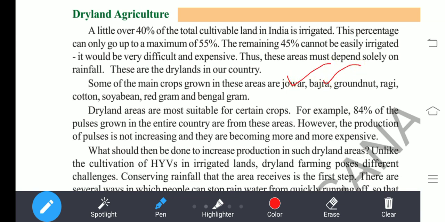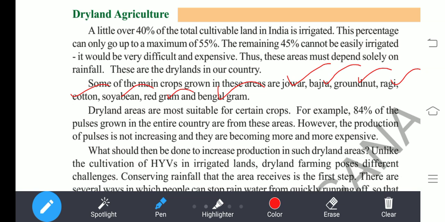Jowar, bajra, groundnut, ragi, cotton, soybean, red gram, Bengal gram. These are the crops for which dry land is suitable.